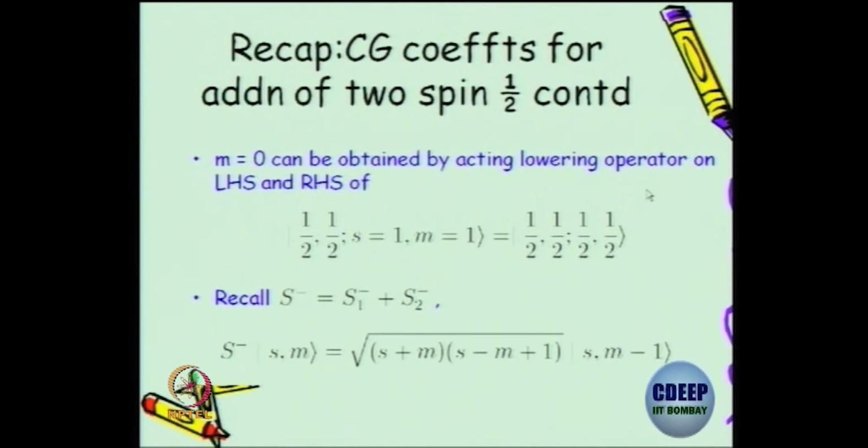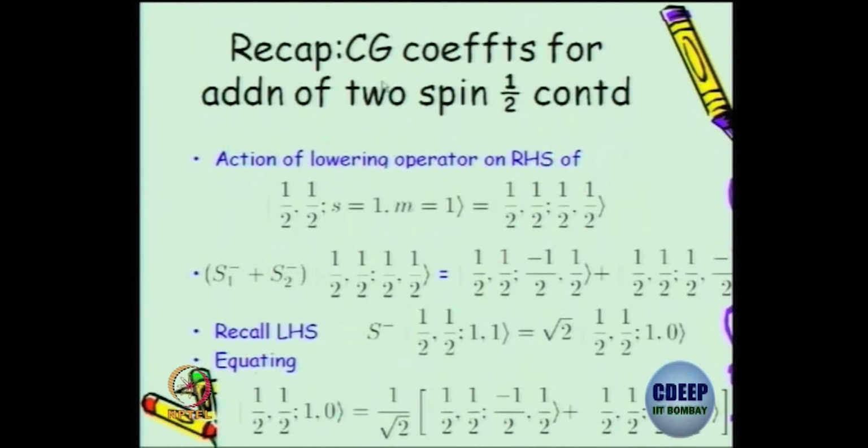So, we did this elaborately, and we found the coupled state with one lower magnetic quantum number, which is 1, 0, in terms of the uncoupled basis states, and these coefficients are what we call Clebsch-Gordon coefficients, and we could write the Clebsch-Gordon matrix.